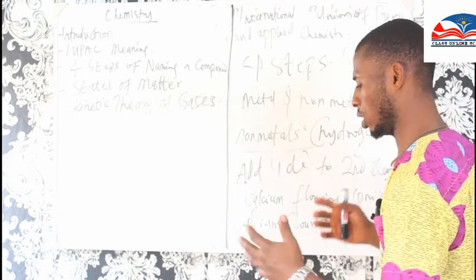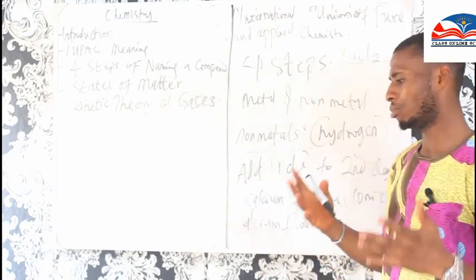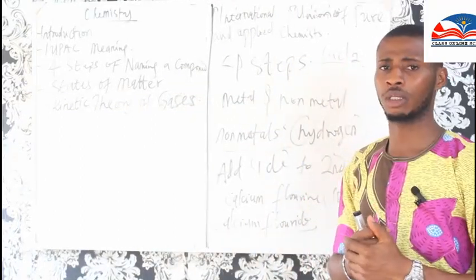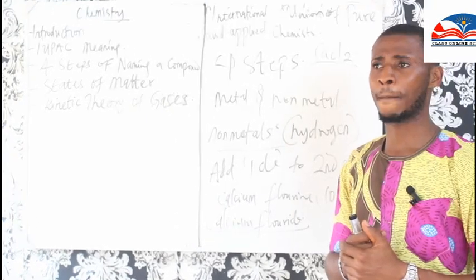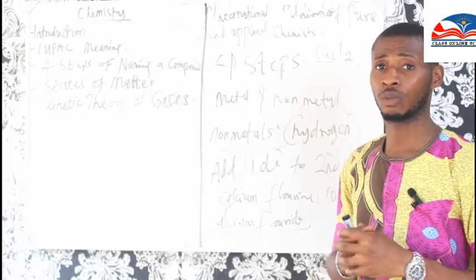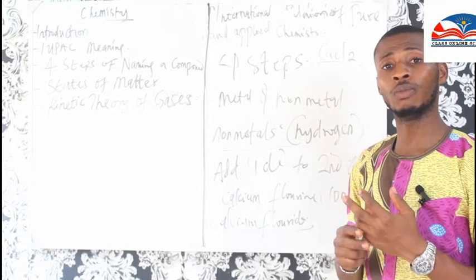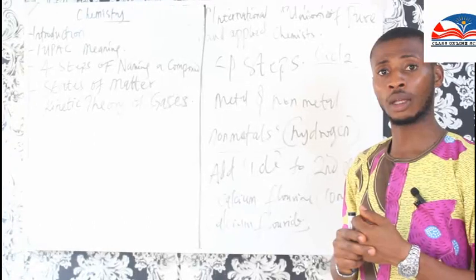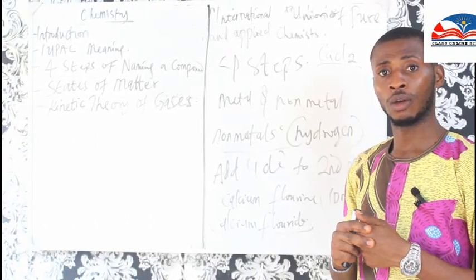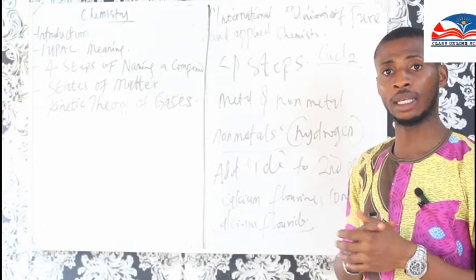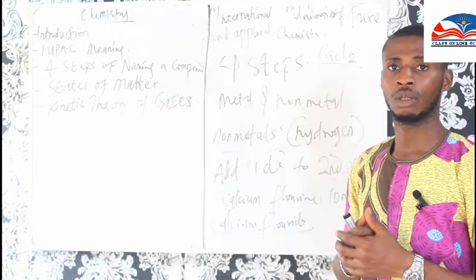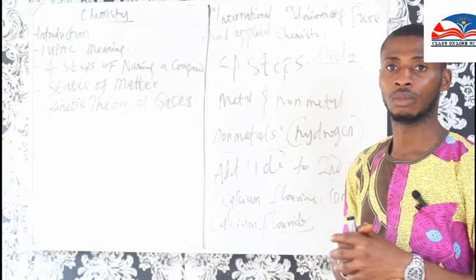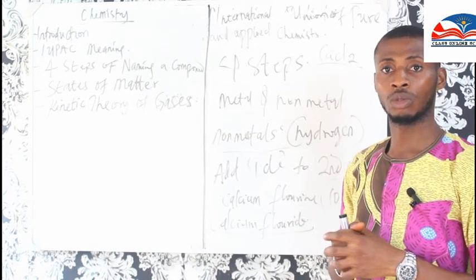Alright, the next step is to check if the ionic compound contains transition elements. There are elements that are transition metals. Examples are chromium, vanadium, titanium, iron, cobalt, nickel, zinc, lead, and so on.